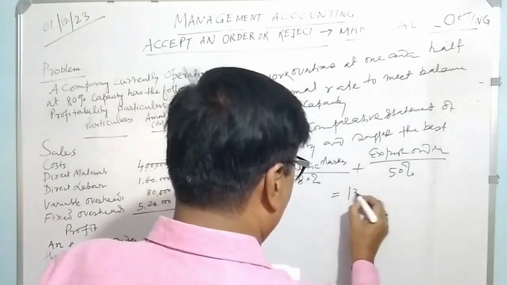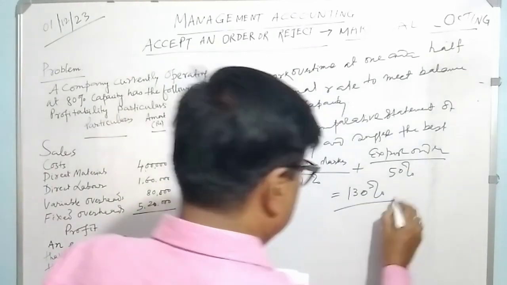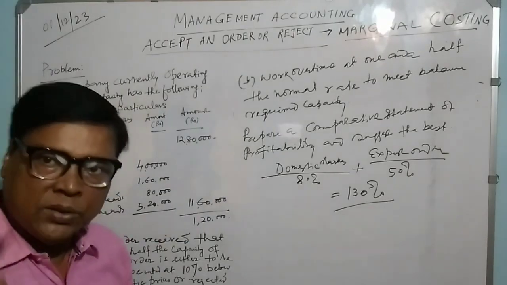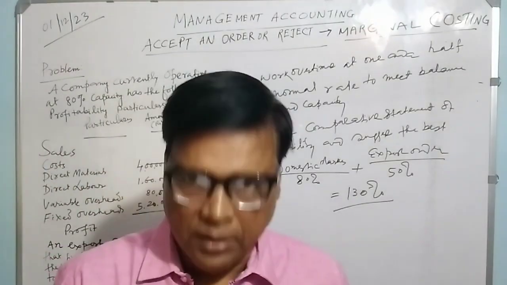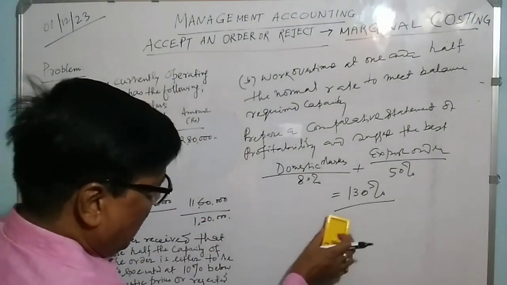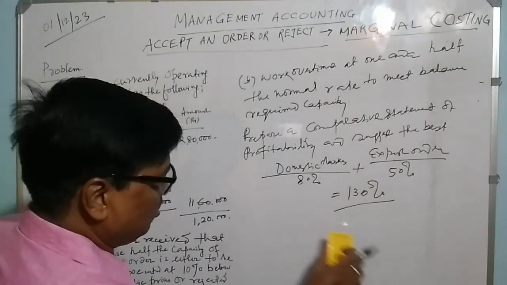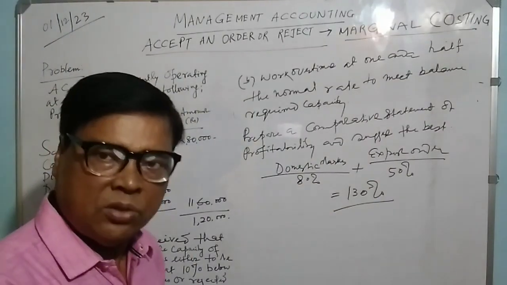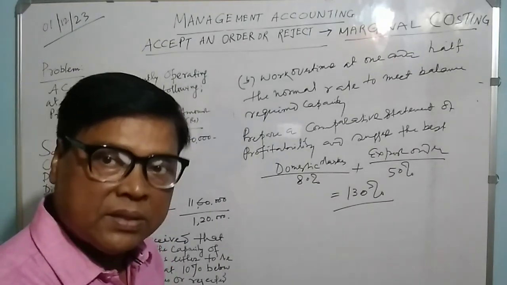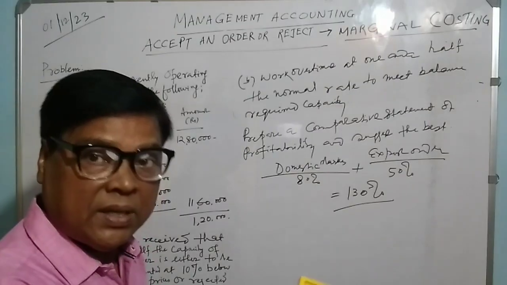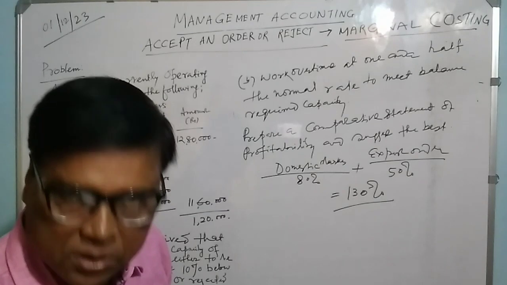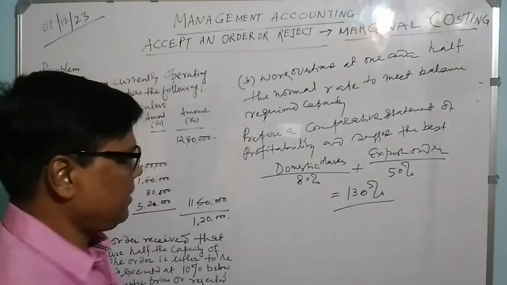So 130% capacity is required to execute both. Capacity above 100% is not possible unless you do an infrastructure change, that means new machinery is added. So for that purpose it is possible to increase the capacity.